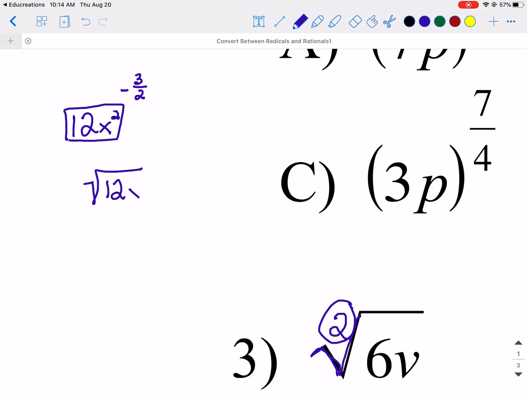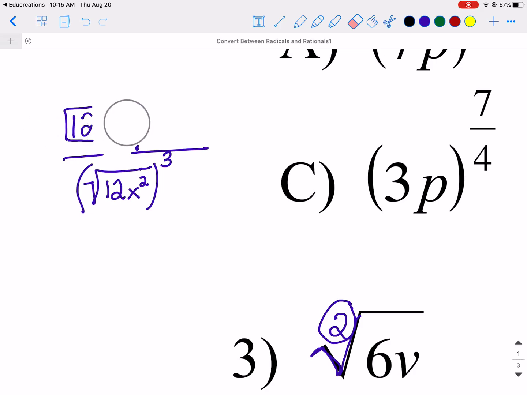So 12x squared, there's no parentheses. Okay, what is that raised to? Exponent of 3, index of 2. Well, remember, I don't have to write that 2 there, because we assume it is there if it's not shown. If it makes you feel better, write that 2 in there. Now, what does the negative do? It makes that be over 1. So the negative makes that over 1.